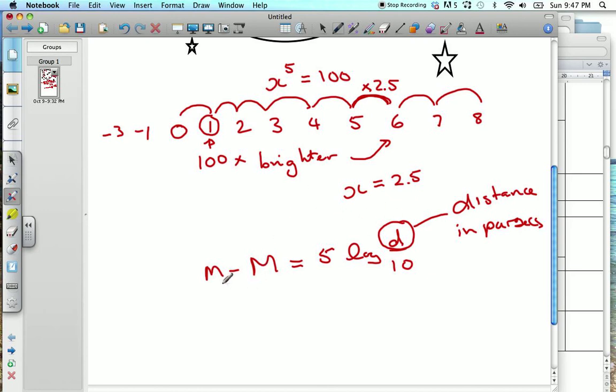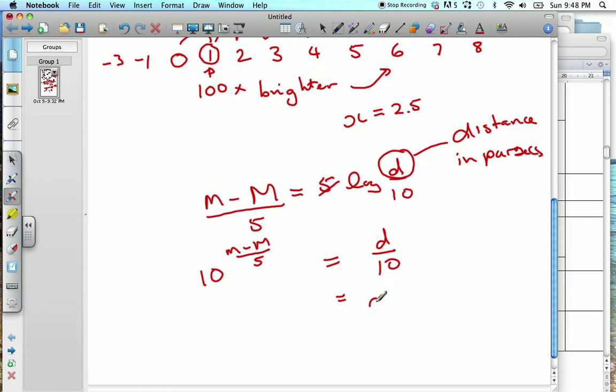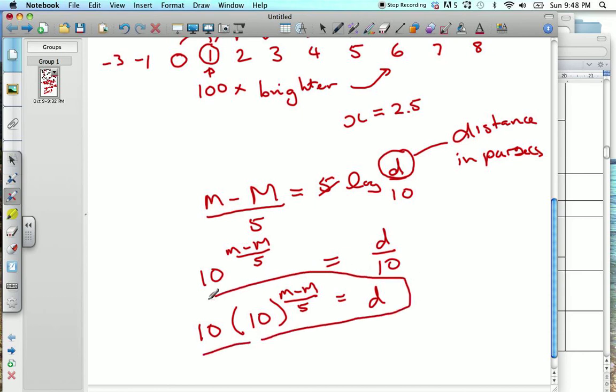If I change this around, I can put that over 5, change into exponential form, so 10 to the (m minus M) over 5 is equal to d over 10. So d, the distance in parsecs, is 10 times 10 to the (m minus M) over 5. In that way you can work out the distance that the star is away when looking at its apparent magnitude and its absolute magnitude.